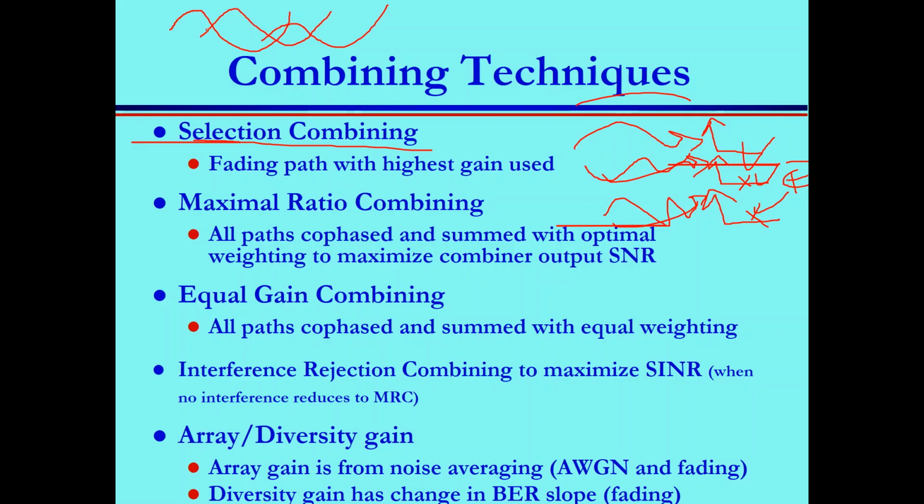But if you correct the phase of this and put it here, with the same phase, and this with the same phase, when you sum them up, you get a large signal like this. This is maximal ratio combining. It corrects the phases of your received signals and then sums.